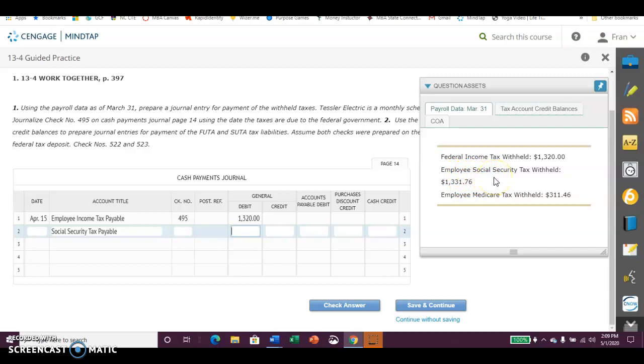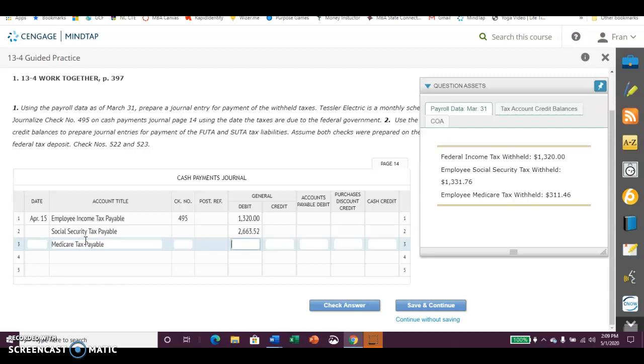Remember, we're paying both the employee and the employer Social Security tax payable. So we just have to add the two together, or double it, okay? So that amount is going to be $2,663.52.